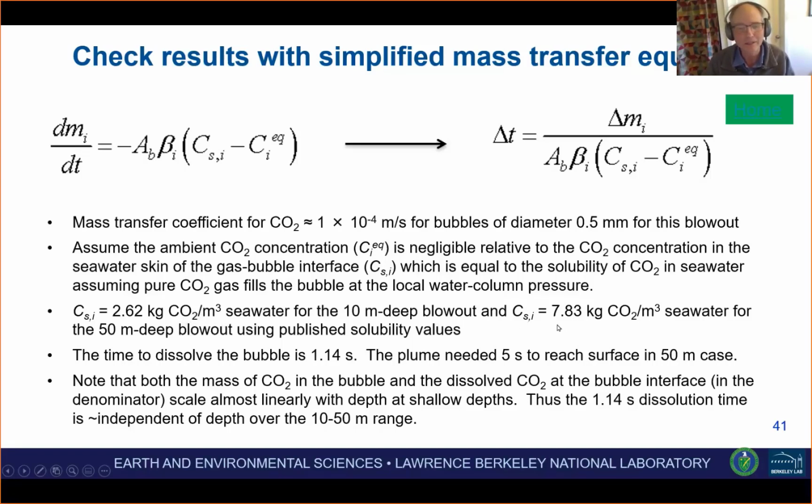If I plug the terms into this equation, I find the time to dissolve that 0.5 millimeter bubble is 1.14 seconds. And if you recall, the plume needed 5 seconds to reach the surface in that 50-meter case. So there's plenty of time over 5 seconds to dissolve the medium-sized bubble. This was one of the ways that satisfied me that this result seemed reasonable.